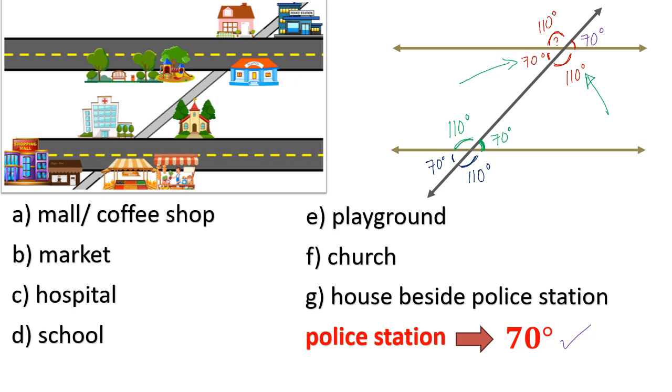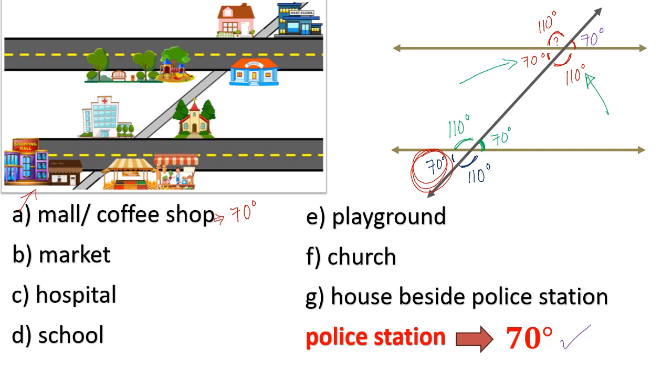Okay, so lastly, we're just going to identify the corresponding location to the original illustration that we have. So for our mall or coffee shop, we're in this portion. So this is 70 degrees. The location of our shopping mall or coffee shop is represented by a 70 degree angle.